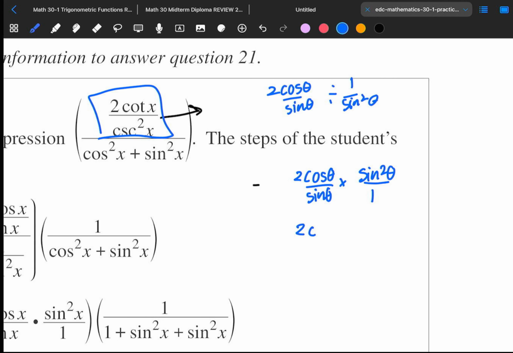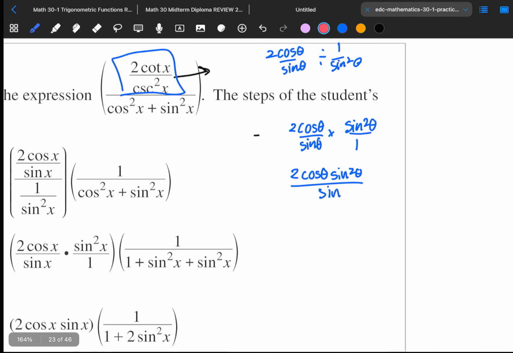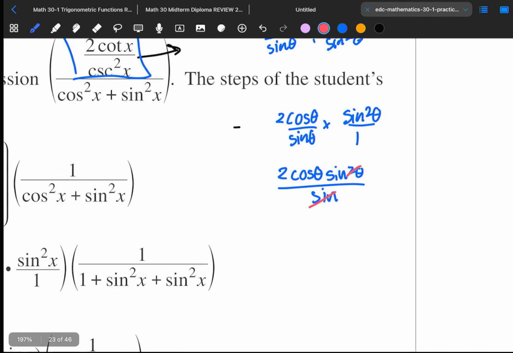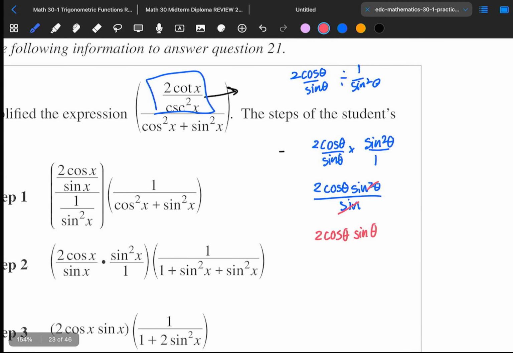So you're going to get 2 cos theta sine squared theta over sine. What they do is they simplify this out, which is true. So you'll get 2 cos theta sine theta on the numerator of your fraction.